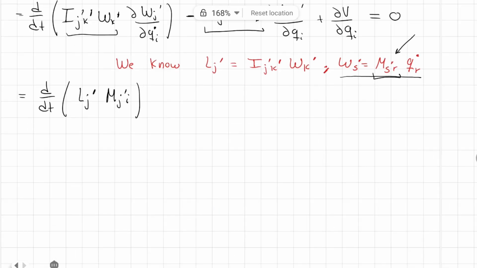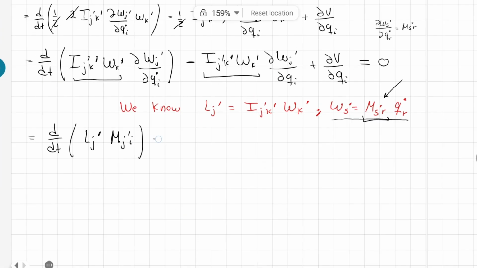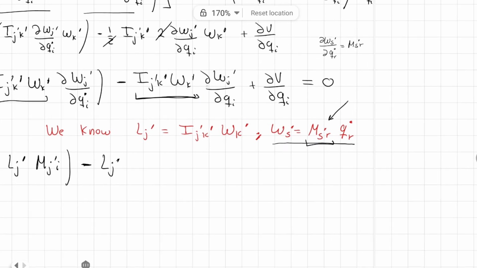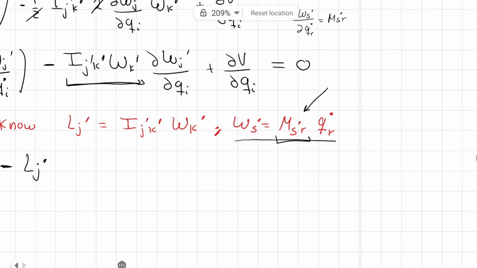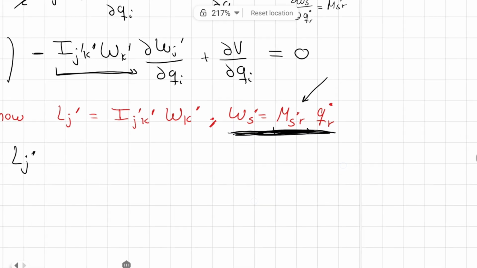So then we have minus. Again, we have the jth component of the angular momentum for this expression, and then we have here the derivative of the omega j with respect to qi. But remember, this omega can be seen as this expression over here. So this will be equivalent to omega j prime equals mj prime i qi dot.